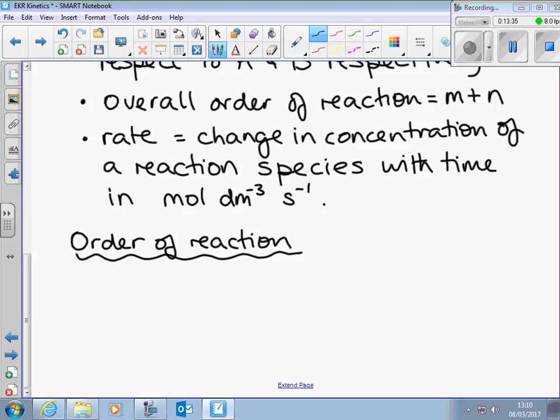If you want to know the order of reaction with respect to B, you keep A constant and you vary the concentration of B and measure the rate. In order to get a rate equation, of course, you'd have to do both of those because you need to work out M and N to actually be able to write a rate equation. Right? At the moment, that won't make a lot of sense, but we will get to that point. So let's start.